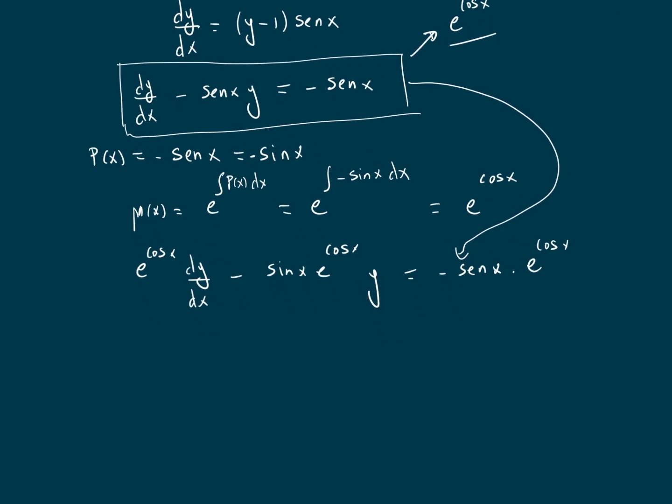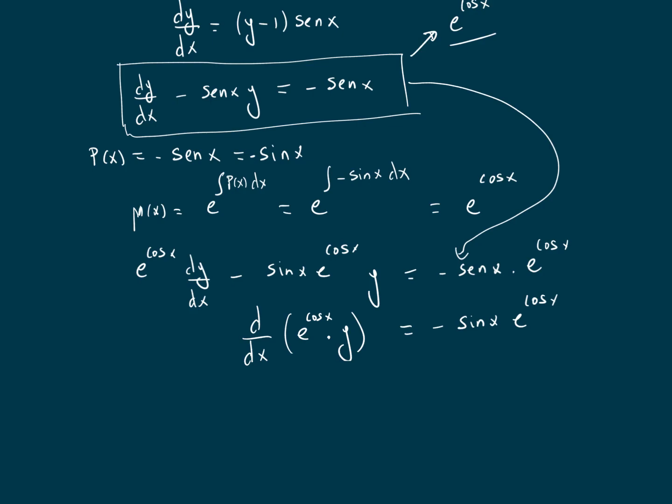What is the magic here? The left side of the equation can be written as the derivative with respect to x of the integrating factor e to the cosine of x multiplied by y. If you take the derivative of this, you will find exactly this, so this will be minus sine x e to the cosine of x.